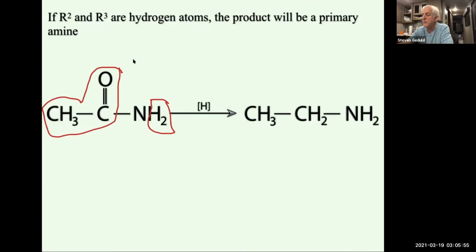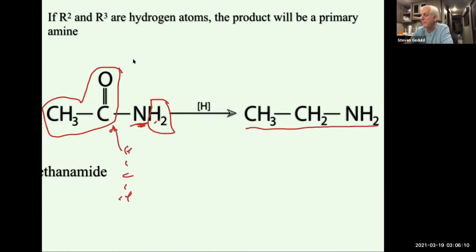If that's a primary amide, where R2 and R3 are hydrogen atoms, then you're going to get a primary amine being formed because you're adding hydrogen to replace that oxygen, H above it and H below it. So this is ethane amide, 2 carbons. We'll learn how to name those in just a minute. And this is ethane amine. Amine and amide differ by the carbonyl group.